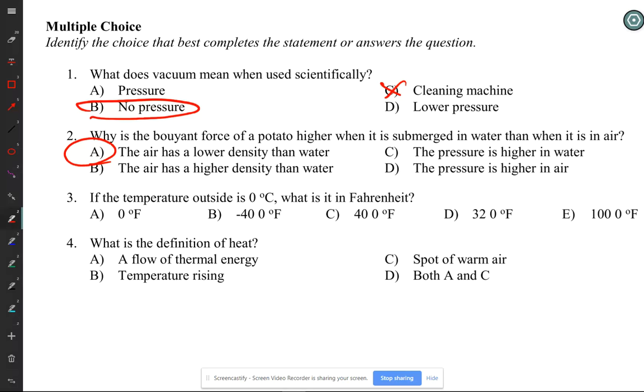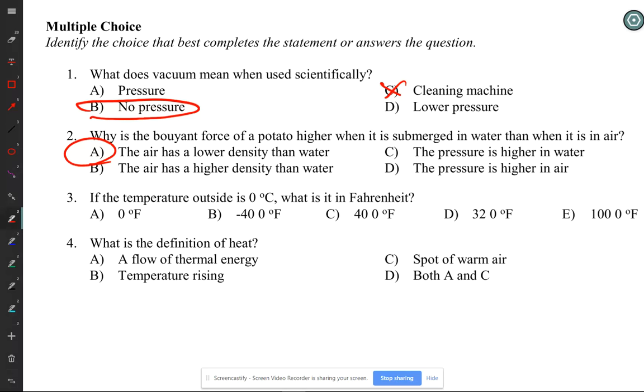Now, to address the pressure thing, the reason buoyancy works is because pressure increases as you go down in depth. It's not what the pressure is, it's the difference in pressure from the top to the bottom. And since the pressure is the result of the weight of the material above, then that has to do with density and gravity. So if you were in a no gravity situation, nothing would float. And that's why I was thinking pressure, because it says when it's submerged.